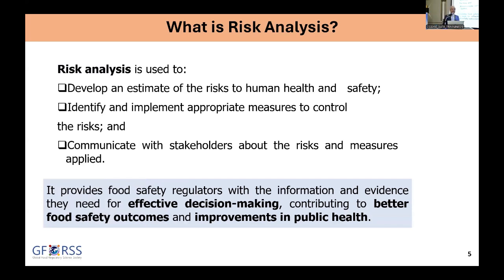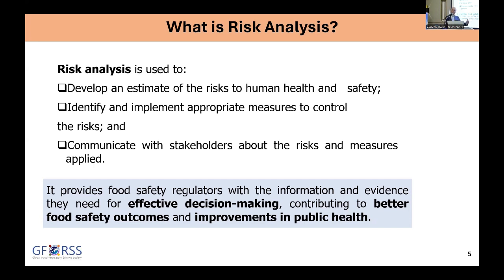Now, the idea of following risk analysis is that we follow, as I mentioned, the systematic approach. We try to assess the risk, we identify the issue and the potential impacts of the issue, and then we formulate options for management. We try to evaluate the potential impacts of these options, and we select the most appropriate option.